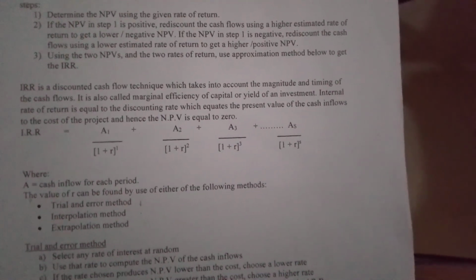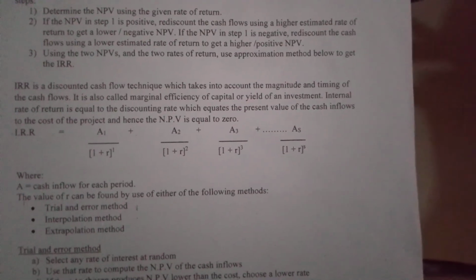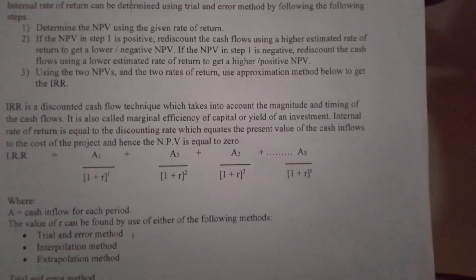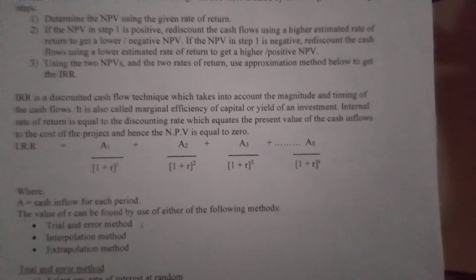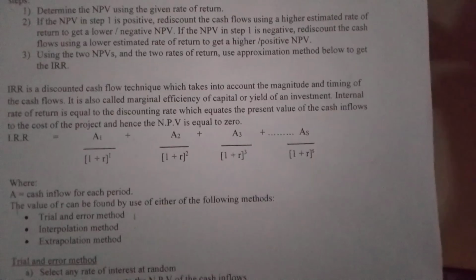Step number two, if the net present value in step one is positive, rediscount the cash flows using a higher estimated rate of return to get a lower, negative net present value.